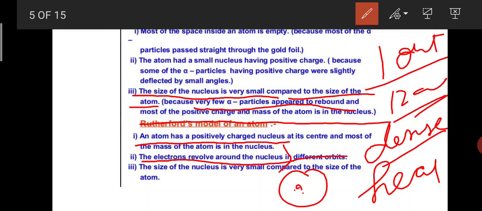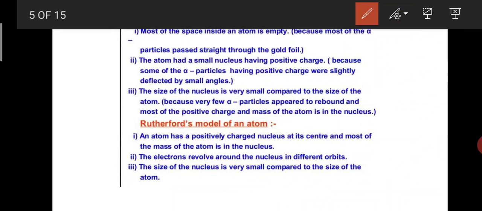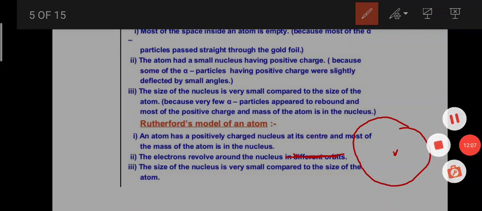You can note down this. The electrons revolve around the nucleus like this. The size of the nucleus is very small as compared to the size of the atom. You can see this diagram.